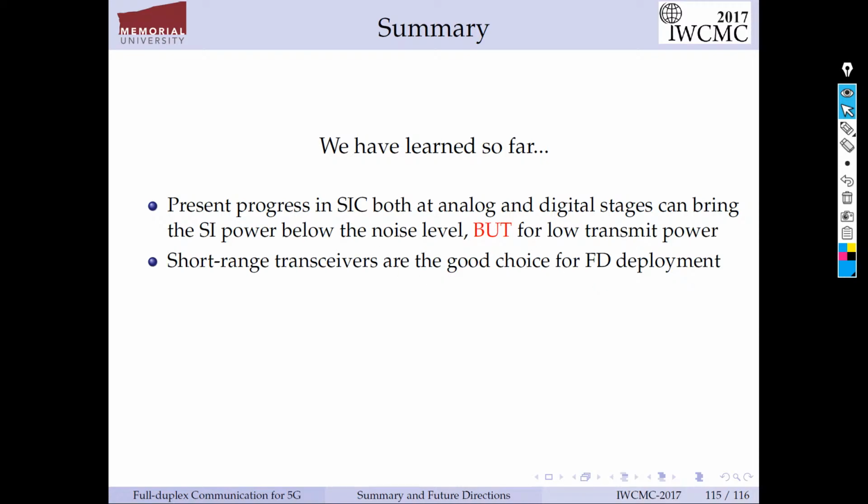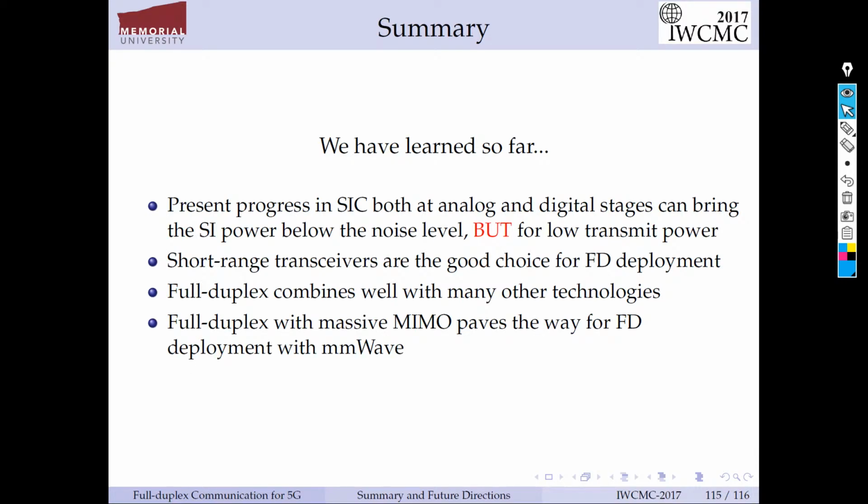Because in short range, the rich scattering multipath effect reduces, and you tend to have a line of sight environment. Full duplex combines well with many other technologies as well, but I also told you the challenge associated with that. Full duplex with massive MIMO paves the way for full duplex deployment with millimeter wave.